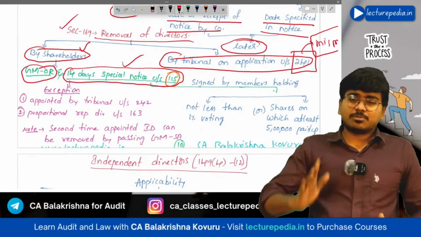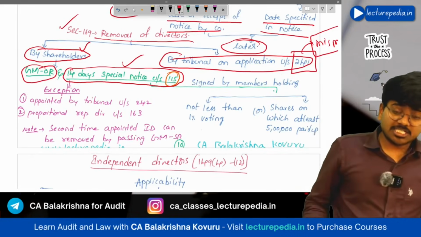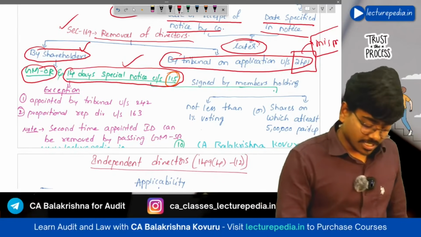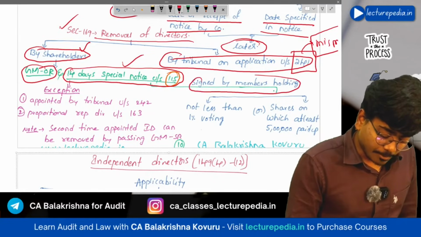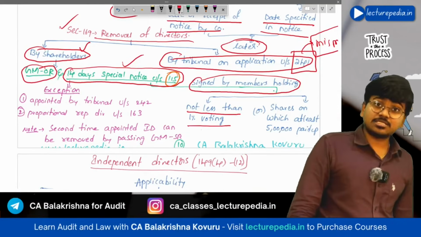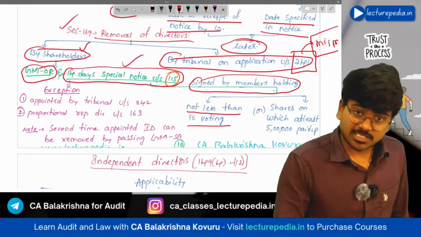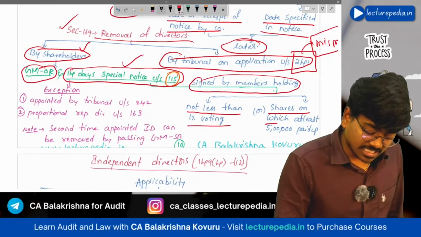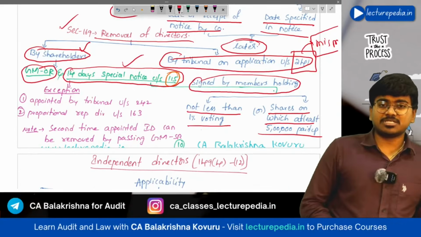Now, what is meant by a special notice? Special notice means such a notice which is signed by members holding not less than 1% voting rights, or members holding shares on which at least 5 lakh rupees has been paid up.